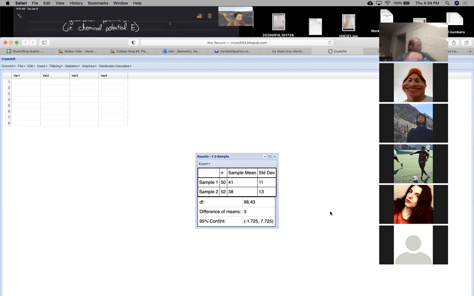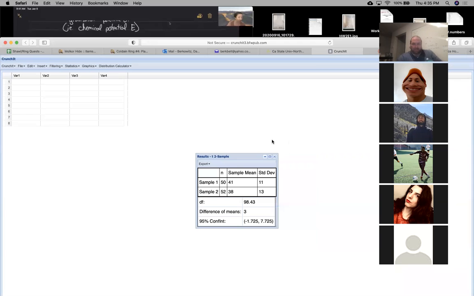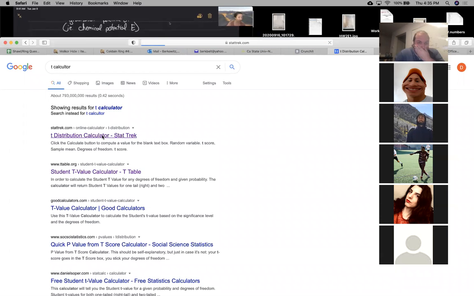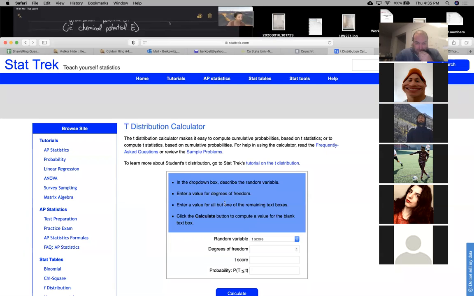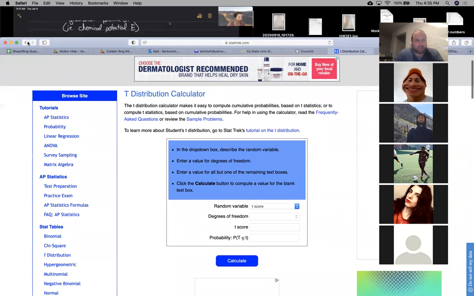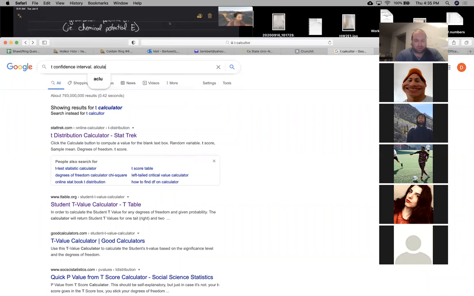Yeah, the only thing I can think of is that they want us to use 49 degrees of freedom instead. The problem is that you can't do that on Crunch It manually because it automatically does it. So let's try the following. T calculator, T confidence interval calculator.